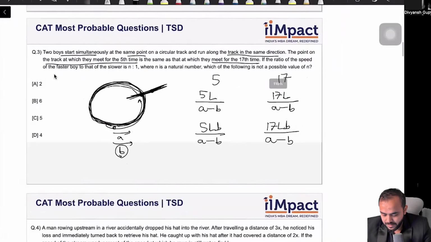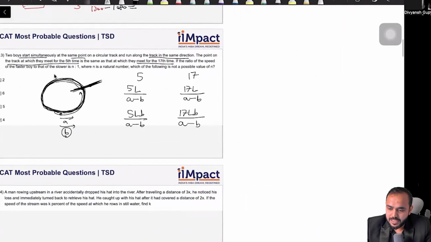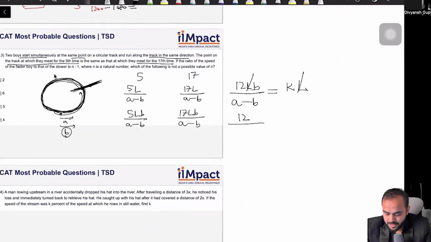So if I take the difference of the distances traveled by B between these two meeting points, I'll get 12 times LB divided by A minus B. This should be an integral multiple of L. Now if I cancel the L both sides and I divide with B on the left side, I'll get 12 divided by A by B minus 1 is equal to K, an integer.